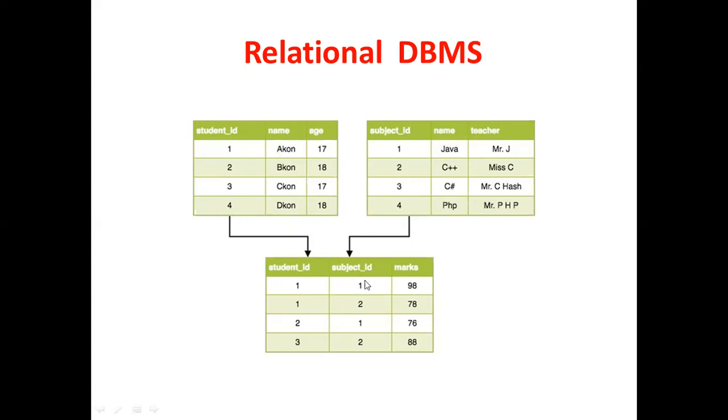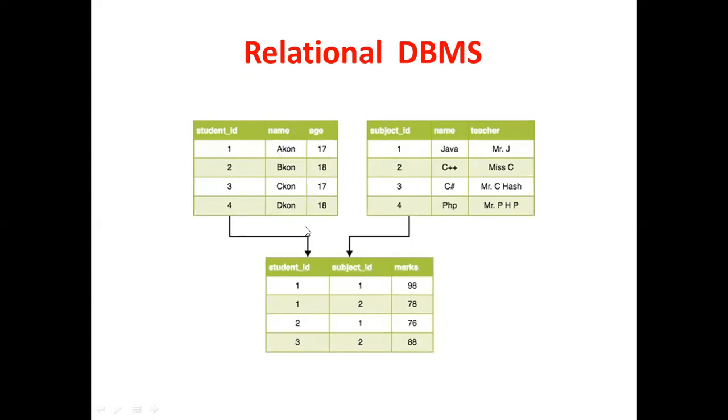The same student also moves to subject number 2, which has 78 marks. So the student ID is taken from this table, the subject ID is taken from this table, and the particular marks for that student for the different subjects are created in this table.